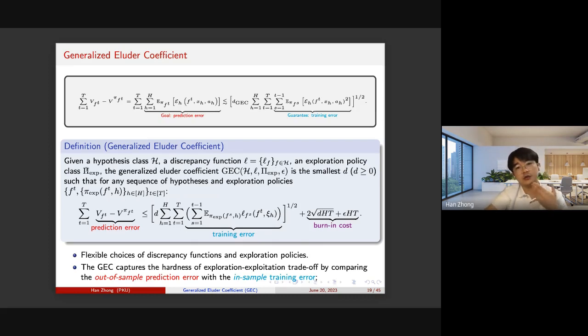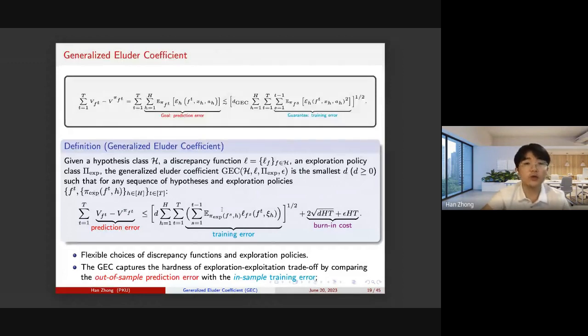The generalized eluder coefficient GEC(H, L, Pi_explore, epsilon), where epsilon is a positive real number, is the smallest d such that for any sequence of hypotheses f_t and the corresponding exploration policies Pi_explore(f_t), this inequality holds.